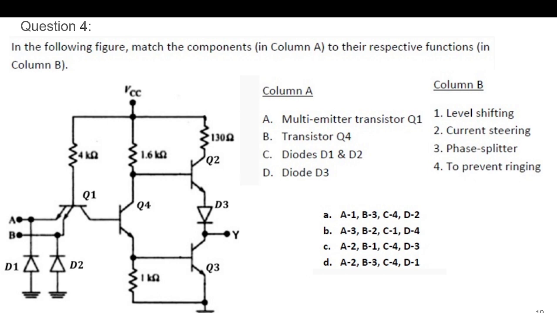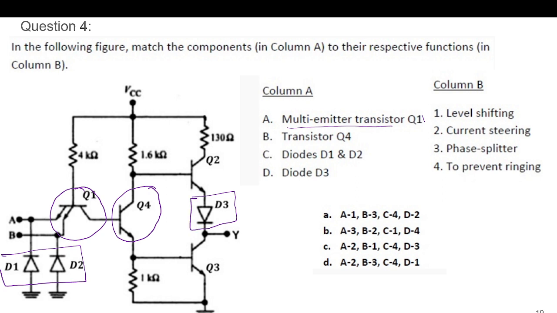So this one is called the multi-emitter transistor, and this is our Q4 transistor. We will discuss why we are using diodes at the input, and this is the diode D3.